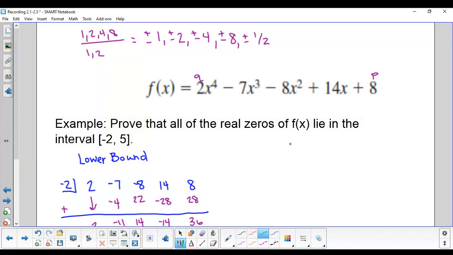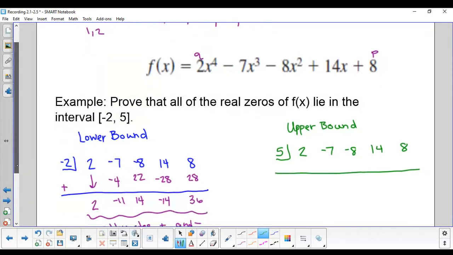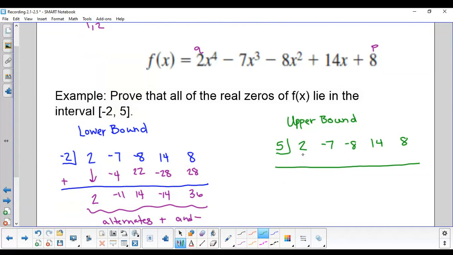All right, let's go ahead and apply the upper bound test. So the upper bound test must be done with a positive number. So in this case, that's a 5. And again, I use the same coefficients. So 2, -7, -8, 14, and +8. And remember, this time, we're hoping that that last line is all 0 or positive. So again, I drop down my 2 and I multiply.